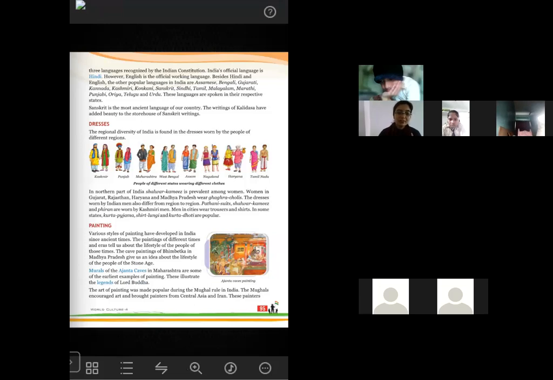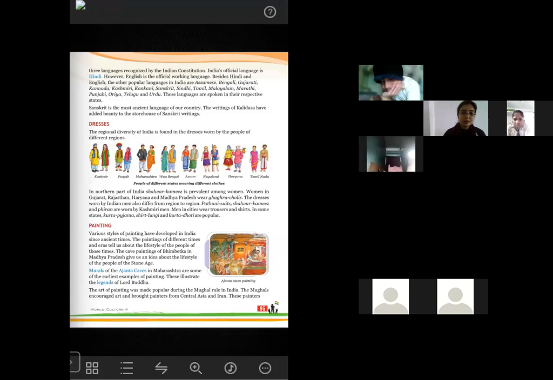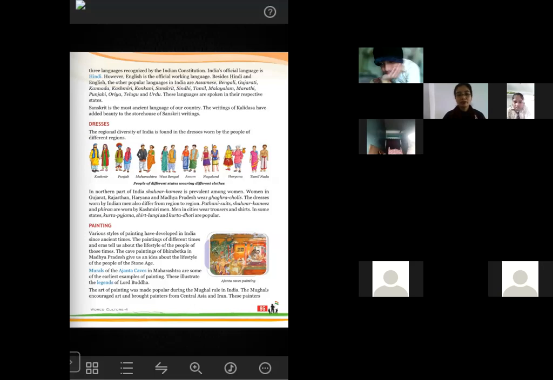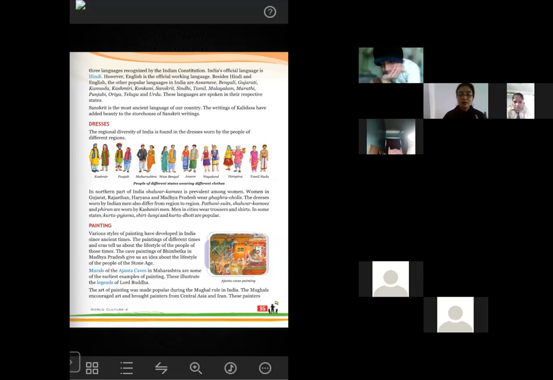The cave paintings of Bhimbetka in Madhya Pradesh give us an idea about the lifestyle of people of the Stone Age. Stone Age means they used stones to get the fire. They didn't have metals and all these developments were not there. People had just started living their life in a normal way. That means before that they didn't even have a house.